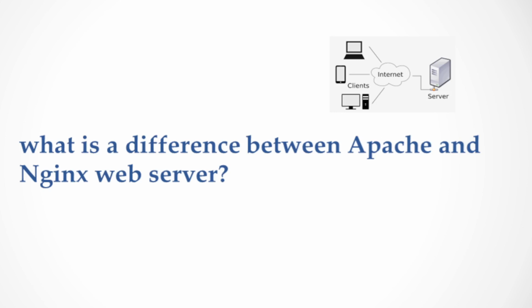Apache supports a wide range of operating systems, whereas Nginx doesn't support OS like OpenVMS or IBM i. Apache has a large number of module integrations and backend applications, whereas Nginx has a smaller number of modules.